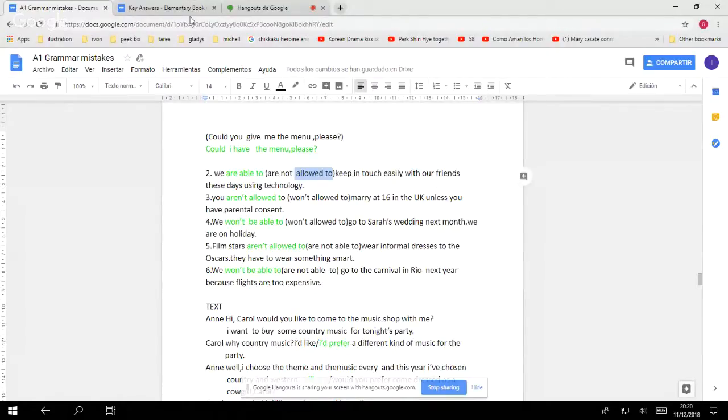Pero si nosotros usamos allowed to, o sea, no se nos permitirá. Entonces, it doesn't have much sense. For that reason, we are able to, because we know that we can do that action, it's not a rule. So it's better if you use we are able to keep talking easily with our friends.